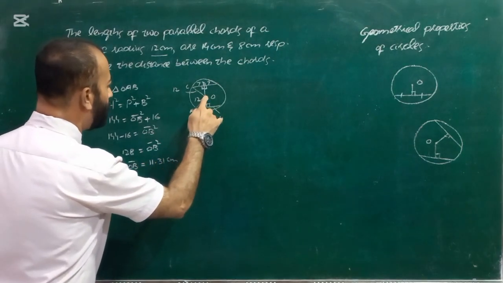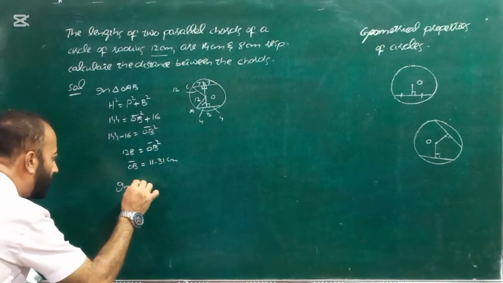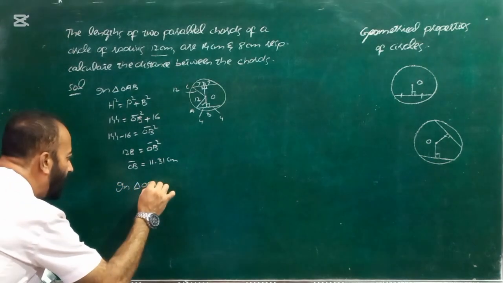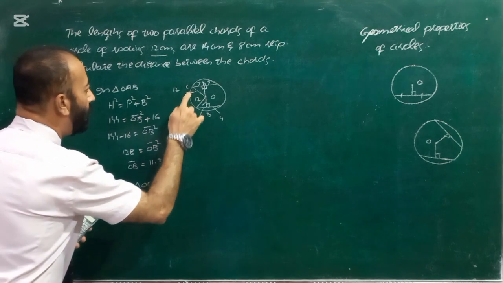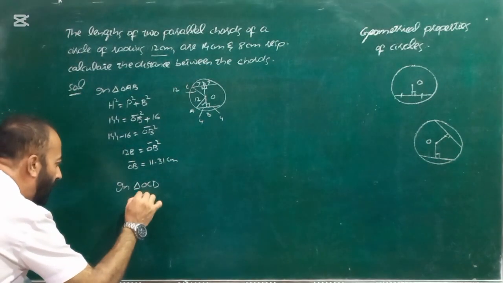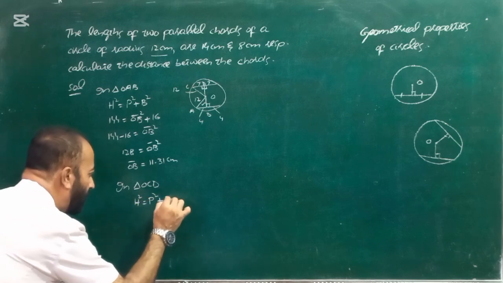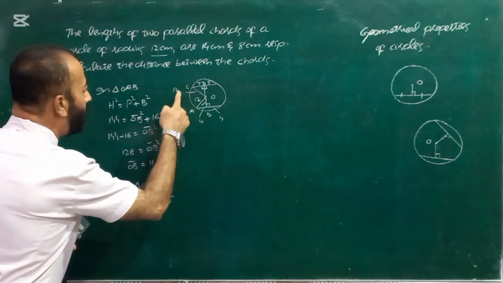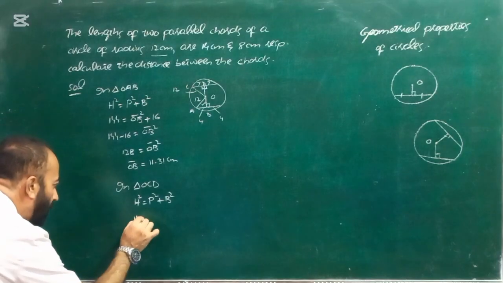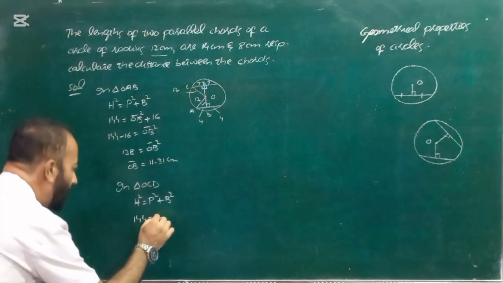Now we are moving to triangle OCD. So in triangle OCD, again this is a right angle triangle, so the Pythagoras theorem will be applied. Hypotenuse square is equal to perpendicular square plus base square. Hypotenuse is 12, so it is 144. Perpendicular is missing, that is OD.